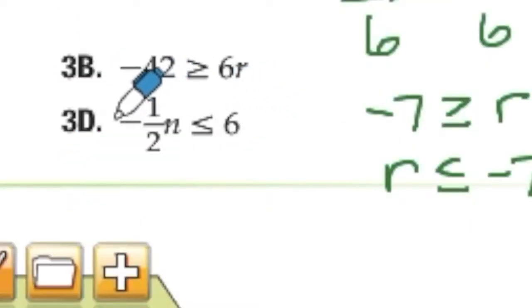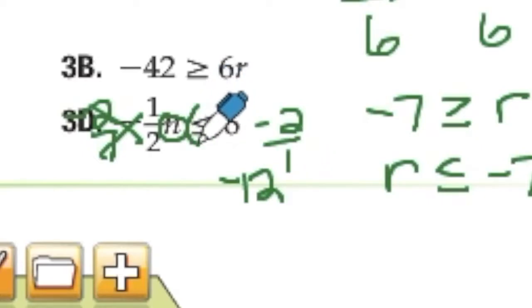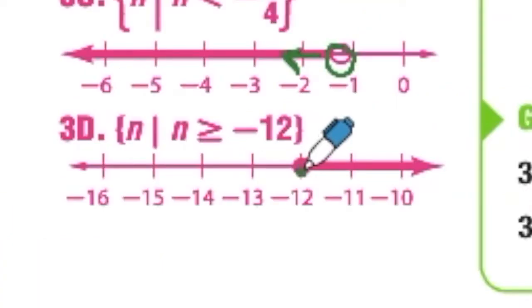Finally, on 3d, to isolate the variable n, we have to multiply by a negative 2/1. And when I multiply by negative 2/1 on the right side, I get a negative 12. Since I multiply by a negative, the inequality symbol switches, and we have n is greater than or equal to negative 12. That is a filled-in circle at negative 12 with an arrow going to the right.